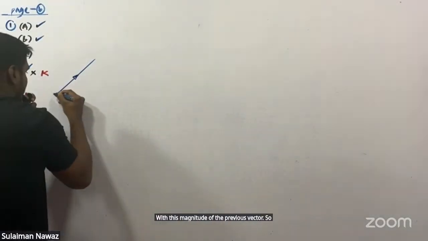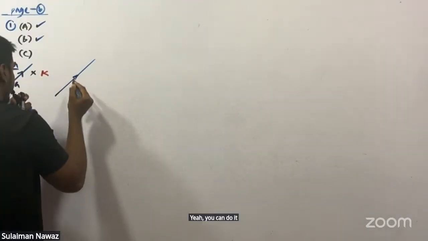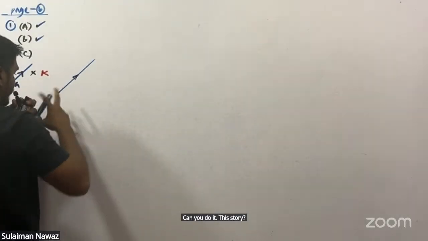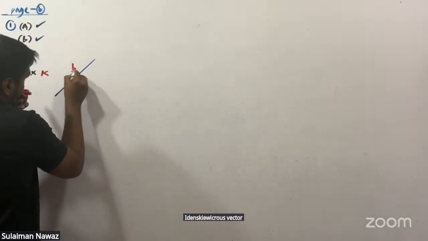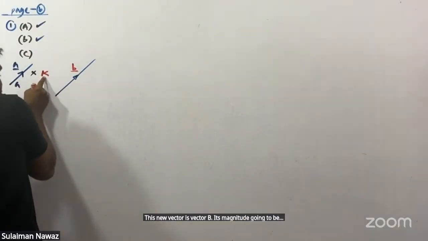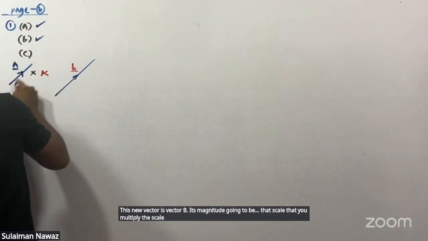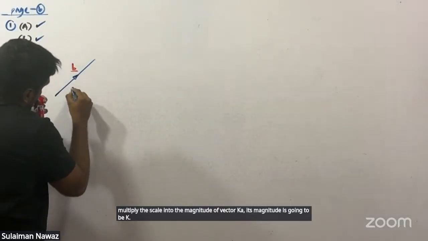So I told you the magnitude of this new vector is going to be K into A. I name this new vector as vector B. Its magnitude is going to be the scalar that you multiply into the magnitude of vector A, that is KA.